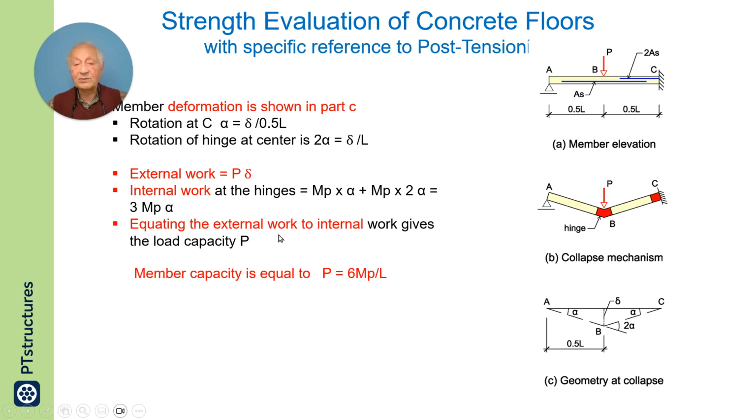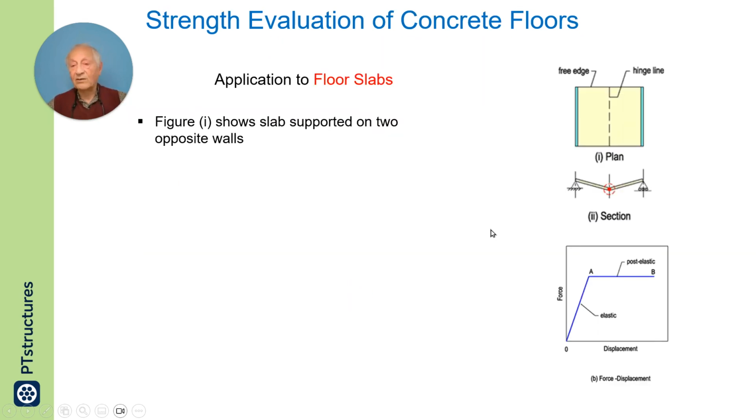Now external work was P times delta. By equating those two, the member capacity, the load capacity, is calculated to be this value. So this capacity is based on the yield line analysis of that propped cantilever.